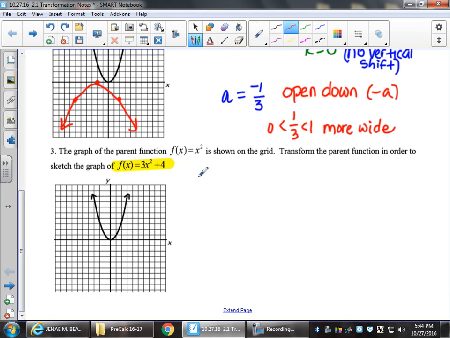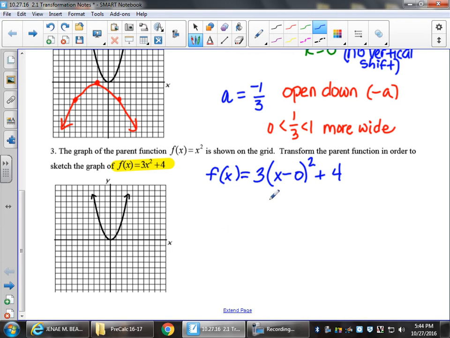We could write this as f of x equals 3 times x minus 0 all squared plus 4. And the purpose for rewriting this in vertex form is to really help us appreciate where my new vertex is going to be.